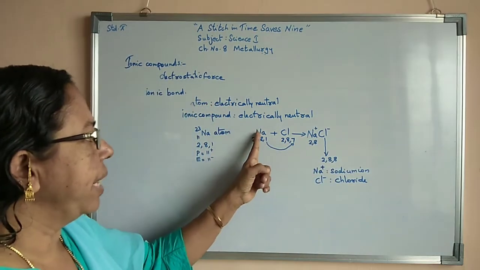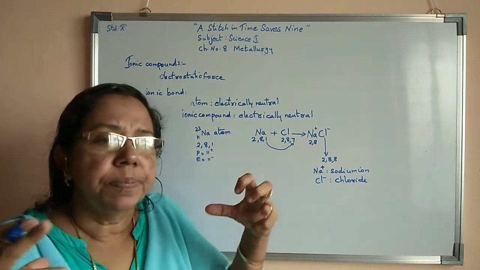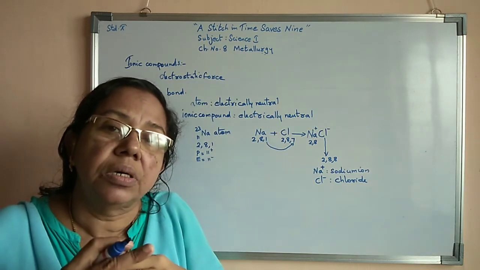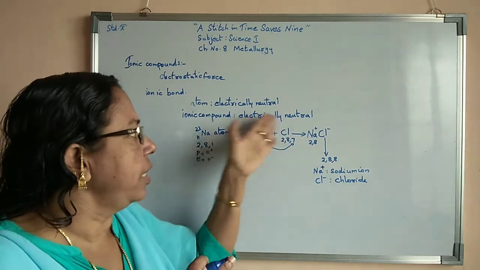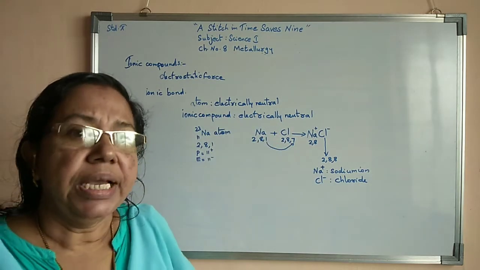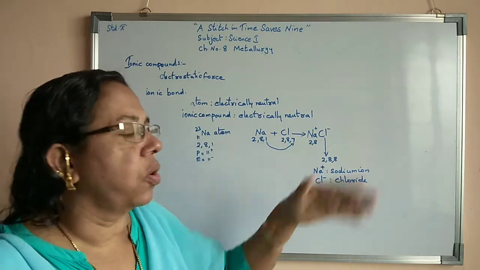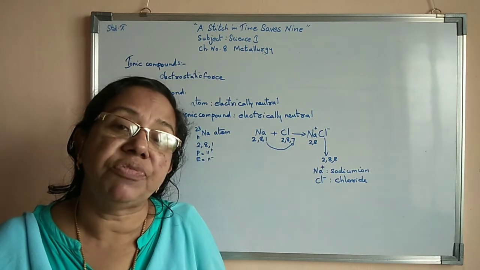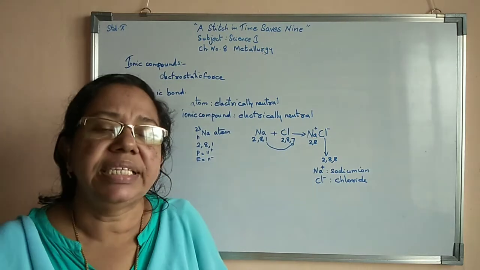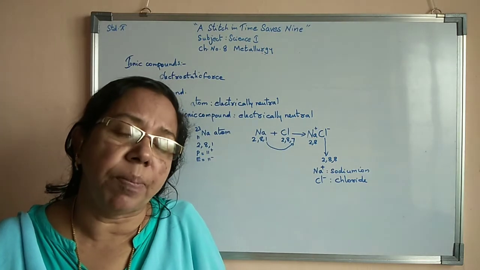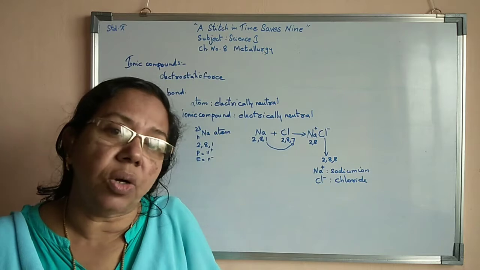Now when this sodium atom and chlorine atom come close by, they join with each other. As a result, the sodium chloride compound is forming. We can say that the sodium chloride compound is an example of an ionic compound. Why is it an ionic compound?